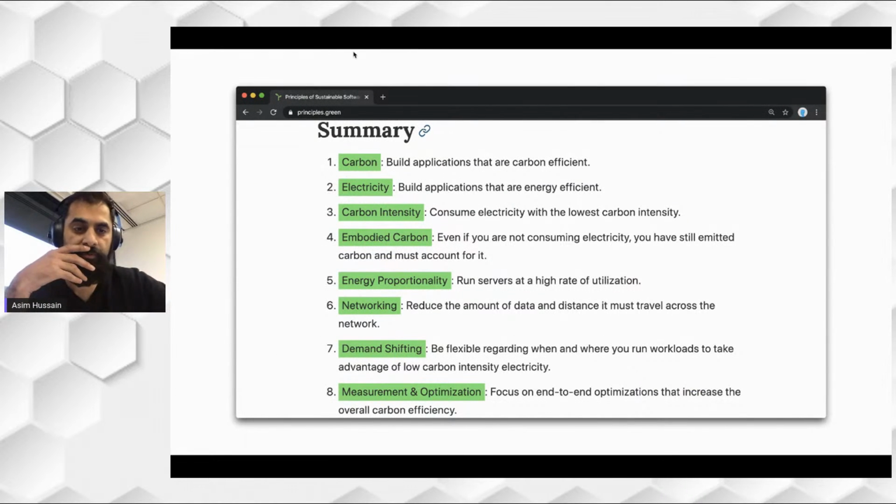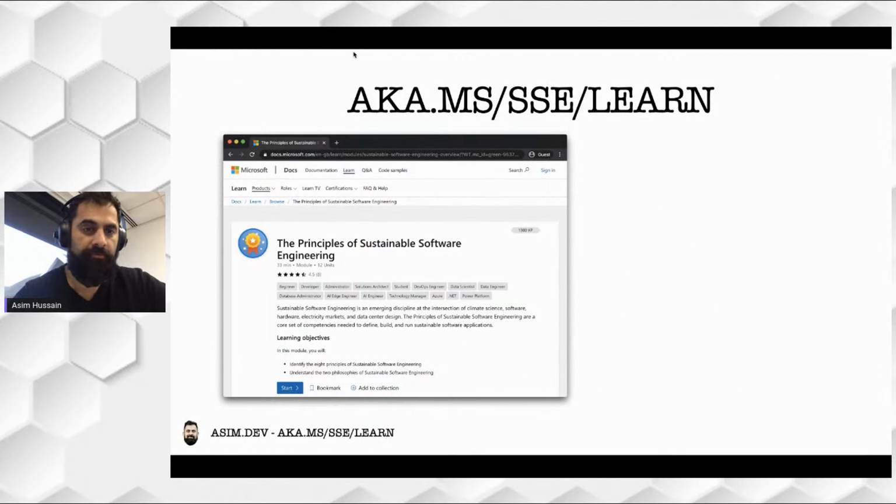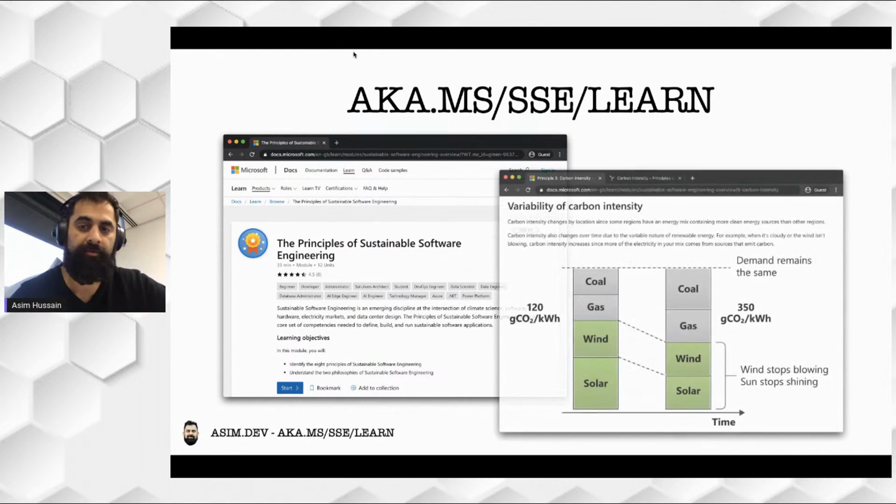So these are the 8 principles. They've changed a little bit since I took this screenshot, but these are the core principles. That's what we did in principles.green. Recently, we've launched this as a Microsoft Learn module, so you can go on there. The advantage of being a Microsoft Learn module is I can get actual designers to design actual things rather than my hand-drawn things on an iPad.